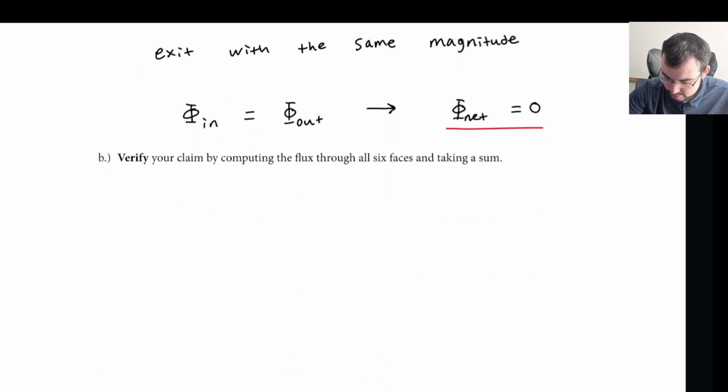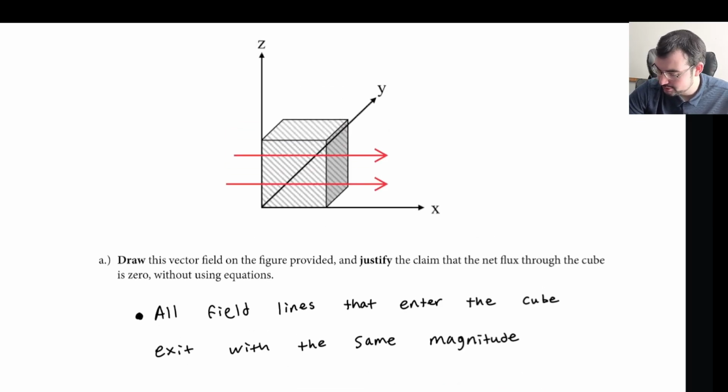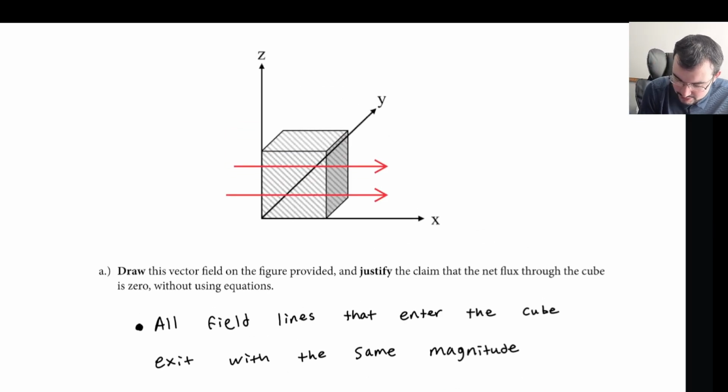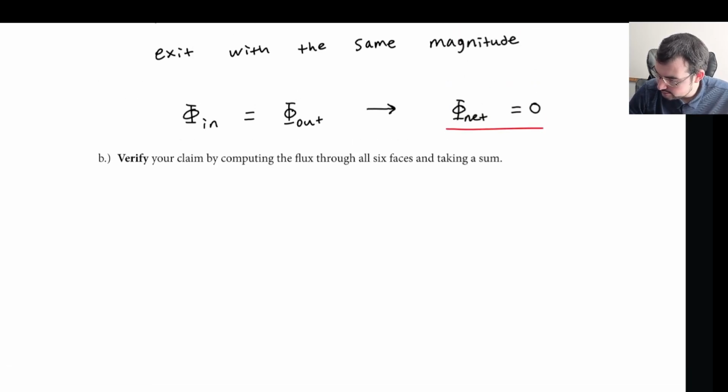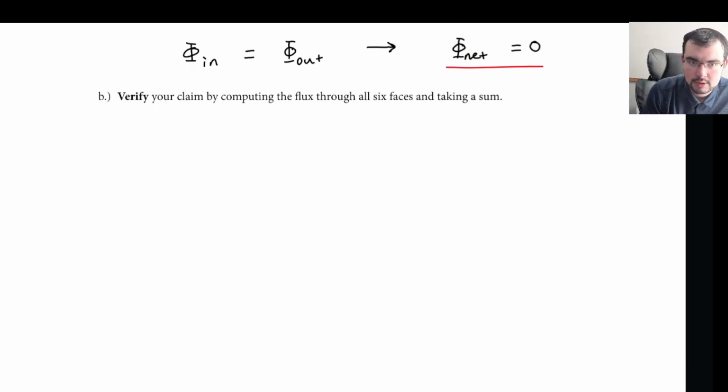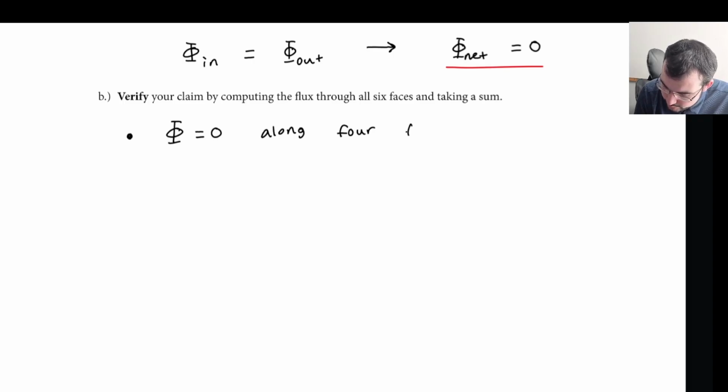If we try to look at, for example, the top face, we see that the electric field just sort of skims that surface, so it's not getting pierced. Same thing with the bottom, and same thing with the sides of the cube. So, first of all, we see that phi equals 0 along 4 faces.